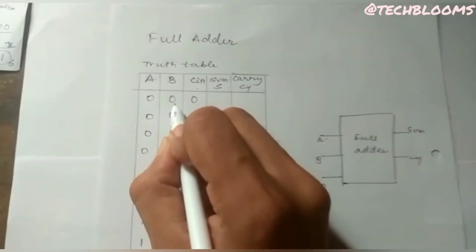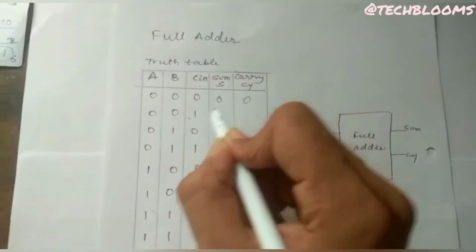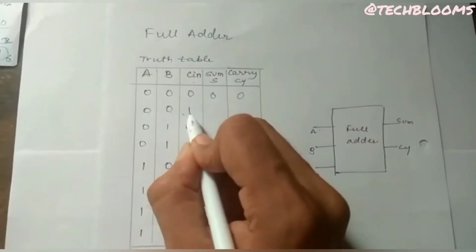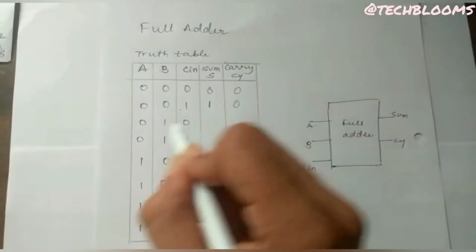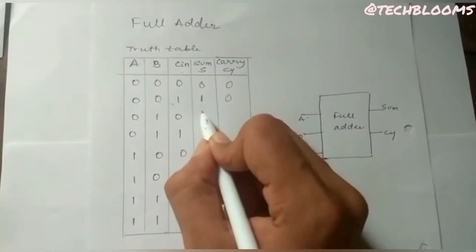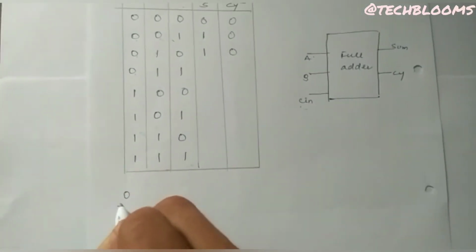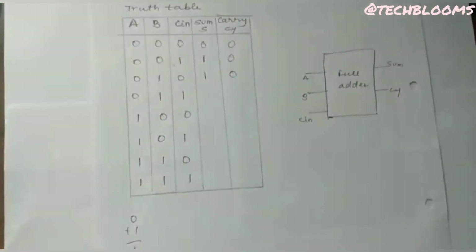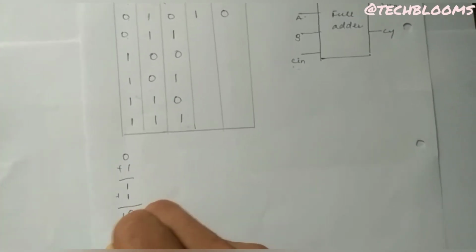So 0 plus 0 plus 0 will be 0, and since there is no carry it will be 0. 0 plus 0 is 0, plus 1 will be 1, so sum will be 1 and carry will be 0. 0 plus 1 is 1, plus 0, sum will be 1 and carry will be 0. 0 plus 1 will be 1 and one more 1 is added here, so it will be 0 carry 1.